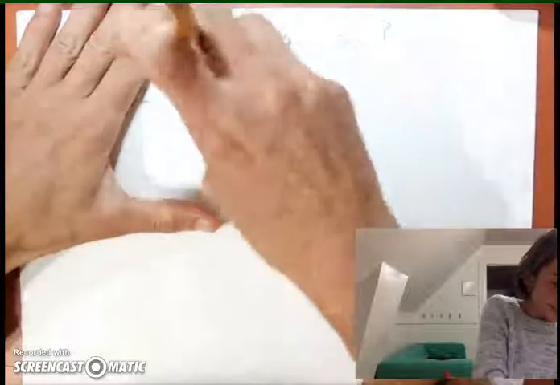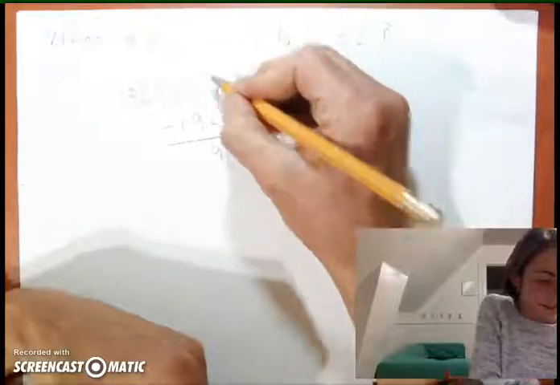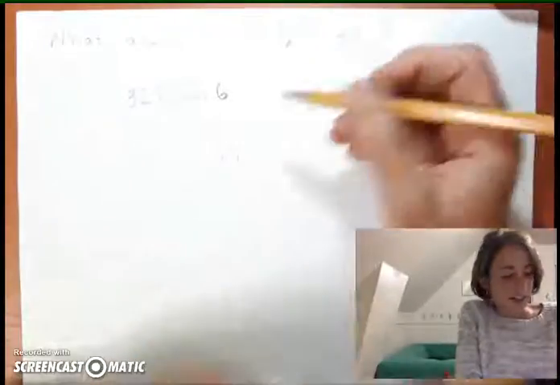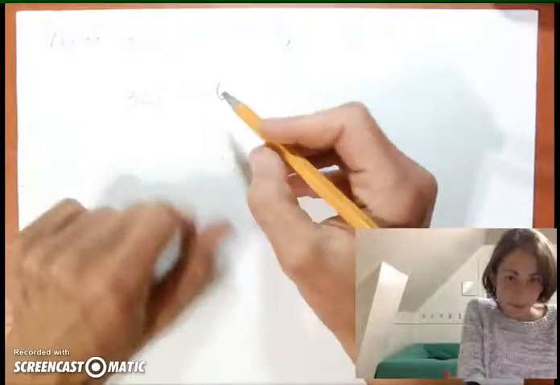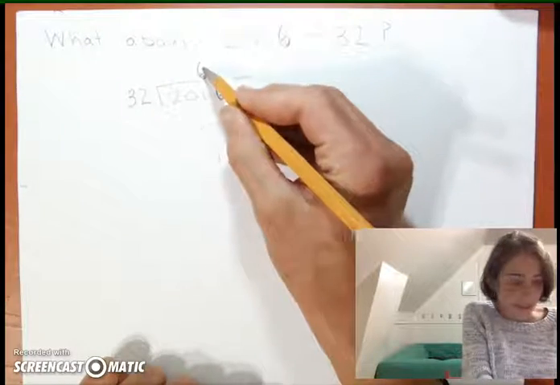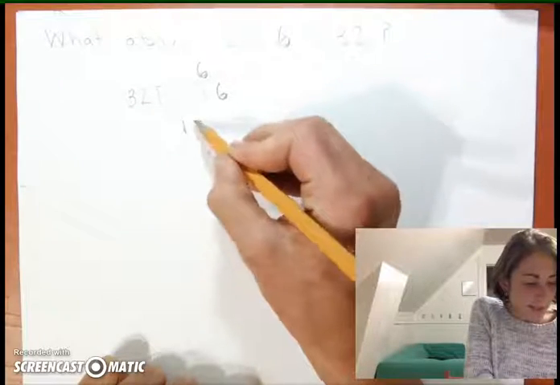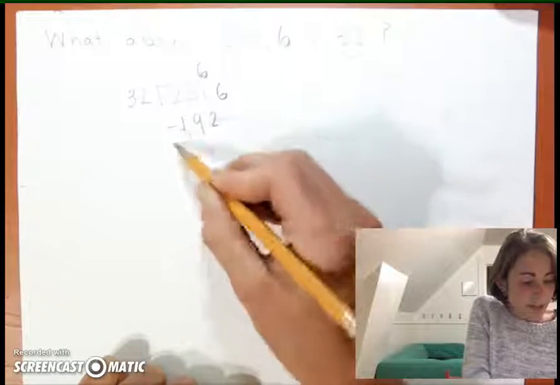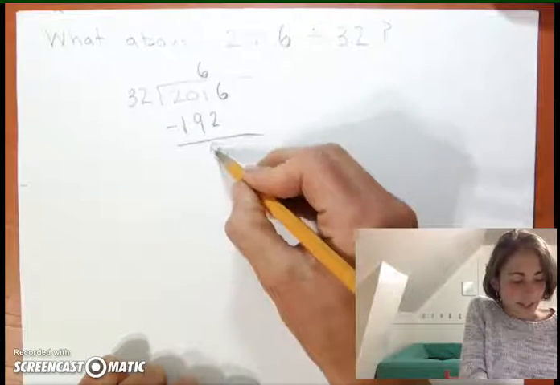So if I divide 2016 by 32, then same idea. 32 goes into 201 6 times. 6 times 32 is 192. Subtract it, and I get 9.